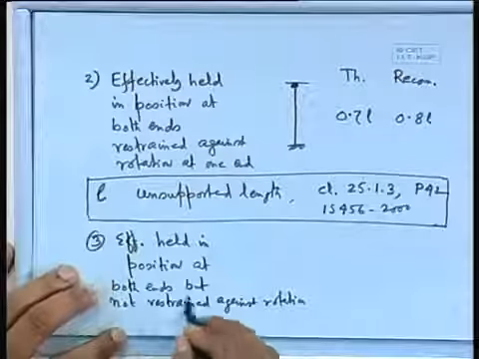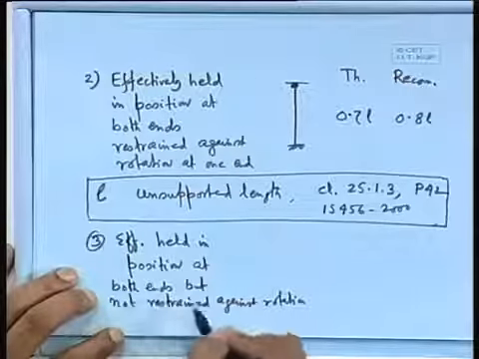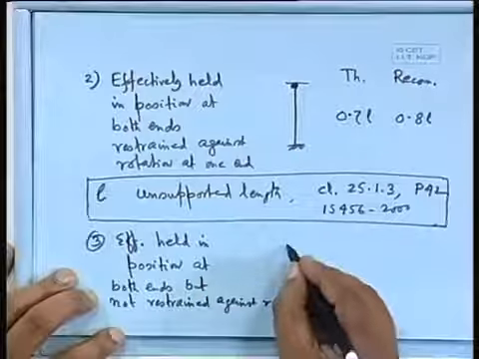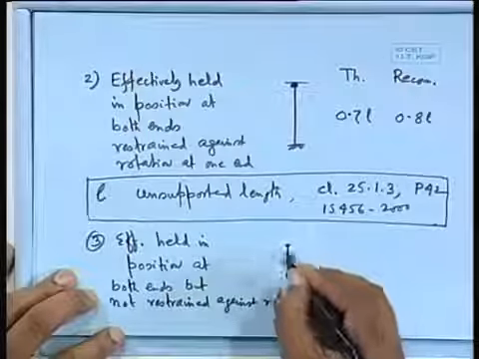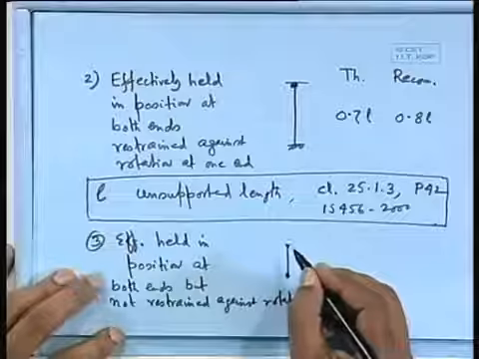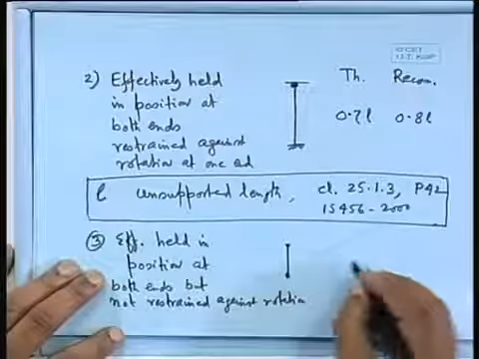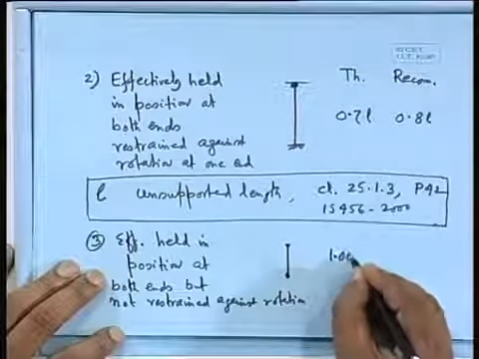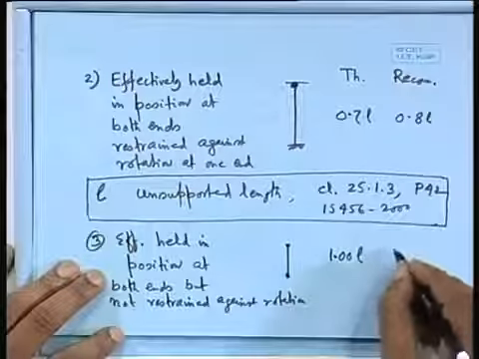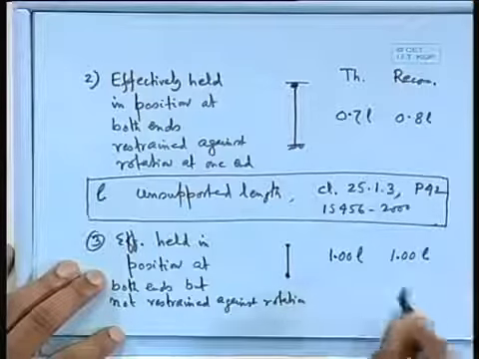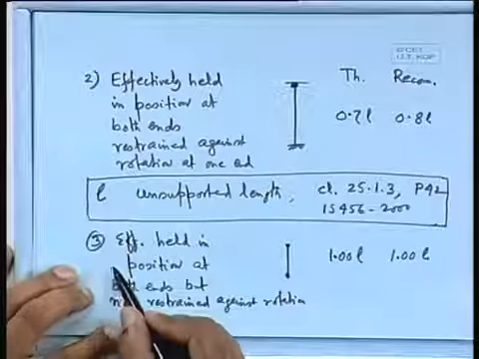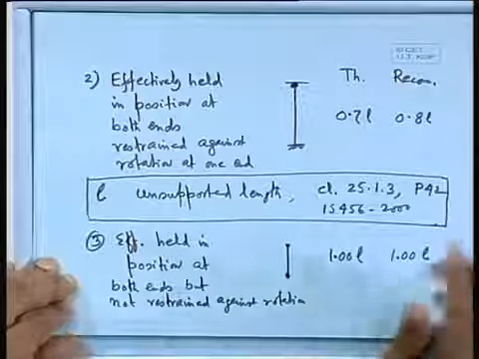So this is a case of effectively held in position at both ends but with no resistance against rotation. It is a case of both sides hinged. So you take 1 L, that means you simply take the unsupported length. So this is case 3.